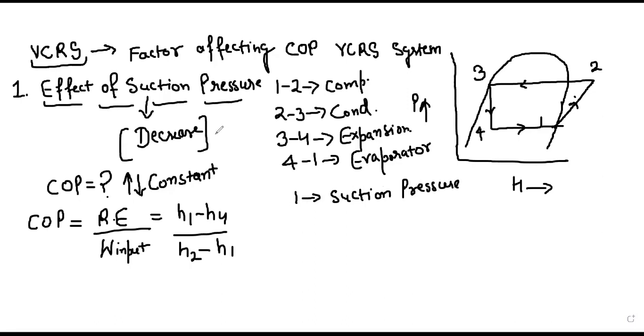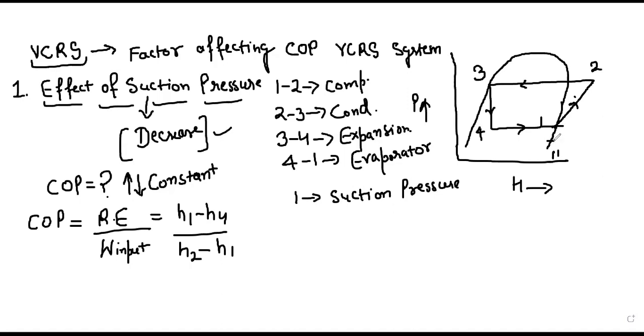He says if I decrease it, so let us suppose I decrease it, this is not my point 1. Clear? I say my point number 1 lies below it. Let us suppose I'm starting from this point. So this is my 1 dash point now, the new point after decreasing it.